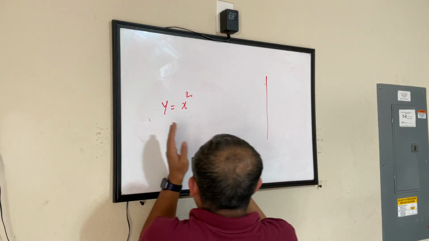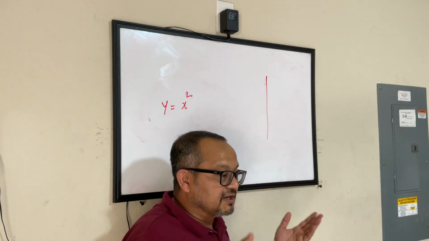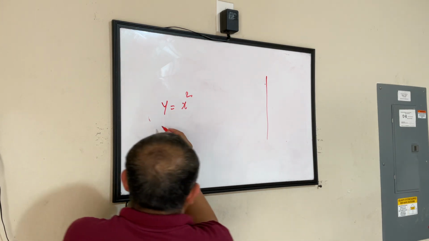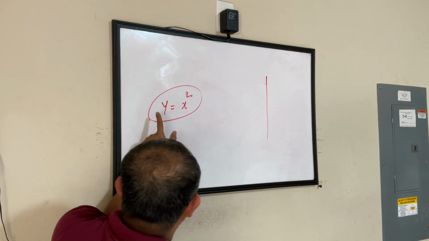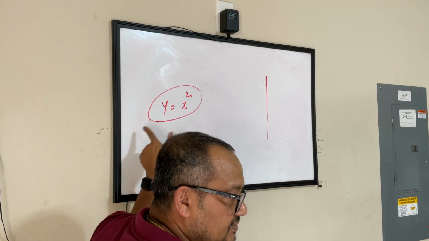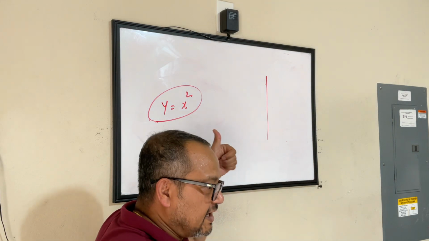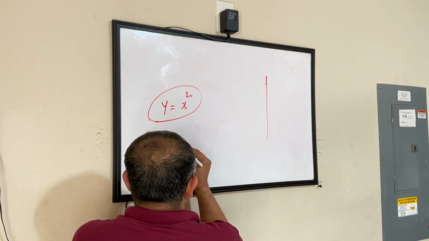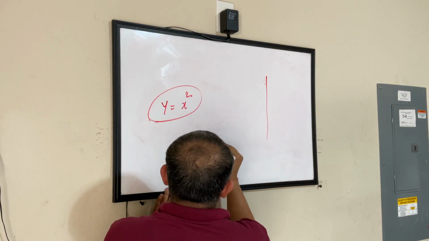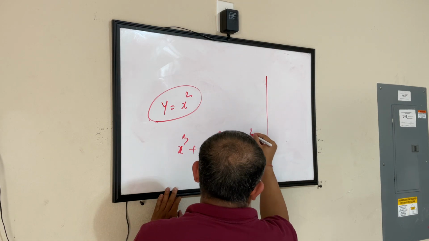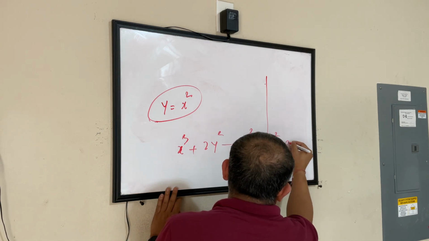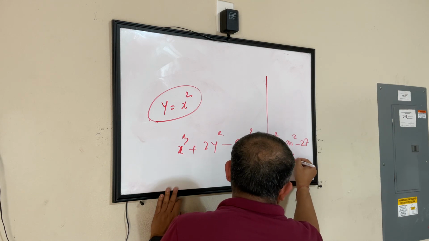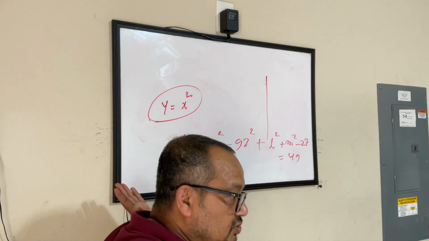Because be it a linear equation or any fancy equation, it's an equation because there is an equal to sign. And when I have an equation, that is nothing but an agreement between x and y, or whatever variables I have. If I am talking about x cubed plus 2y squared minus 9z squared plus l squared plus m squared minus 27 equal to 49, there are so many parties involved.